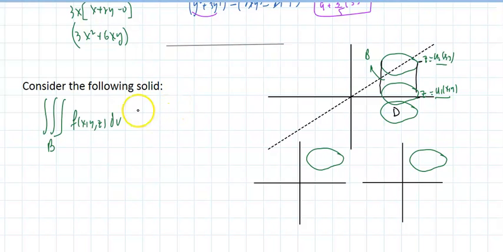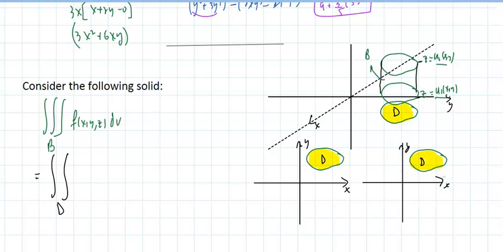Well, the way it works, if you look over this region D, I have a couple of options. I could say this is the double integral over region D, which is the shadow on the floor. Remember, that is x, that is y. And do keep in mind that if I do that, I would integrate, and this is going to be a key.